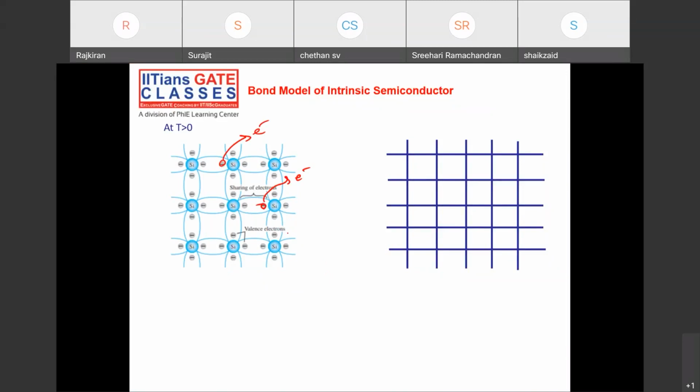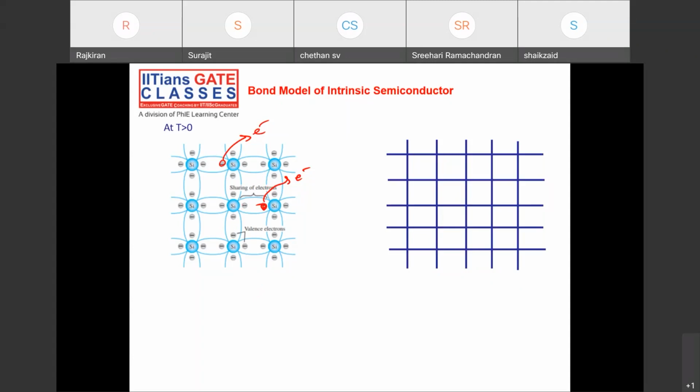Now if this free electron comes and occupies this space, you will not get another hole. Suppose the electron comes and occupies here, then how will you get a hole? Initially, that electron created a hole as per the diagram on the top side. That hole will be occupied by another electron, and that electron will not be a free electron. If a free electron comes and meets it, you are not getting another hole.